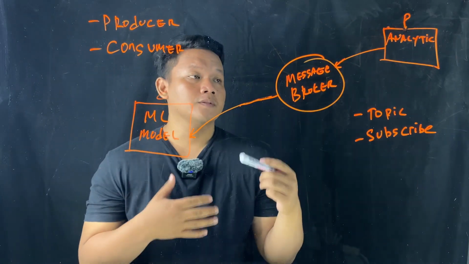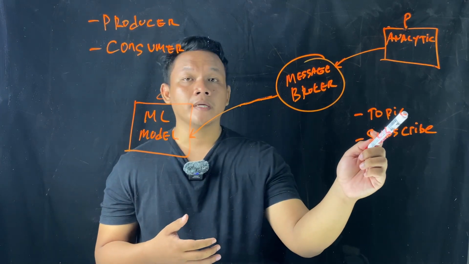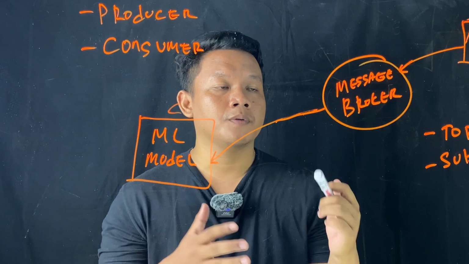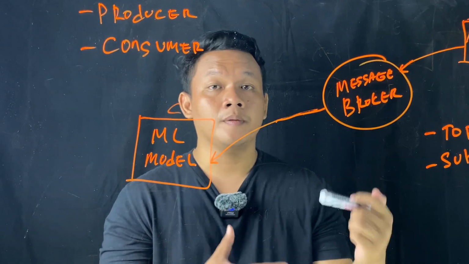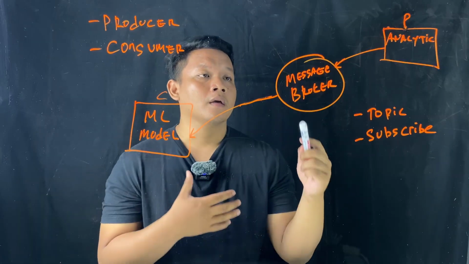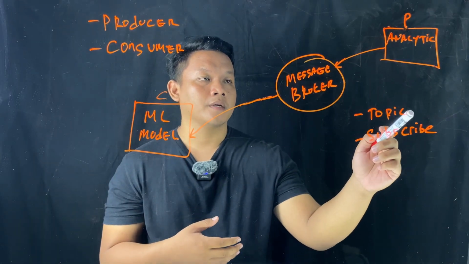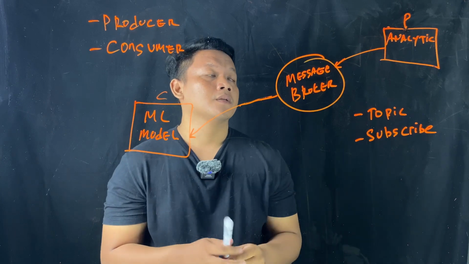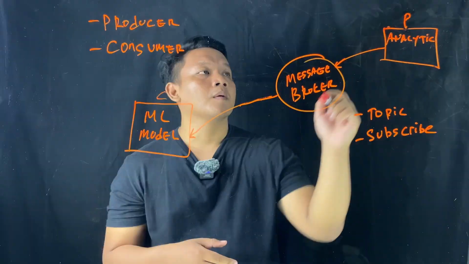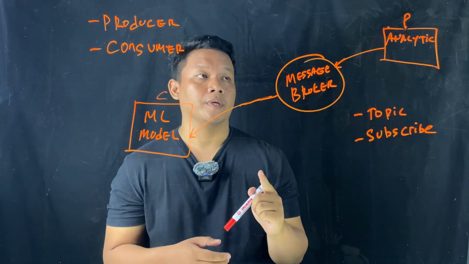The next thing that you have to understand is about topic and subscribe. So let's go with topic. If you try to imagine an email, each email has a subject, and you can assume the topic here is the subject of that email. So every piece of data that's sent from the producer must be under a specific topic.